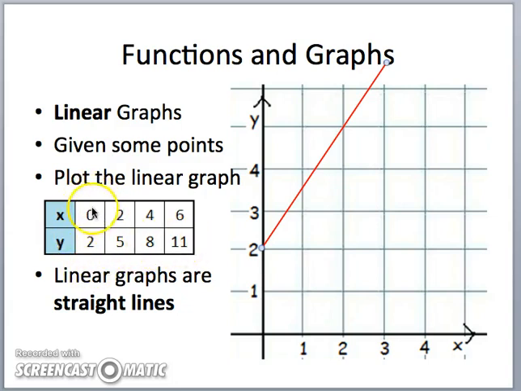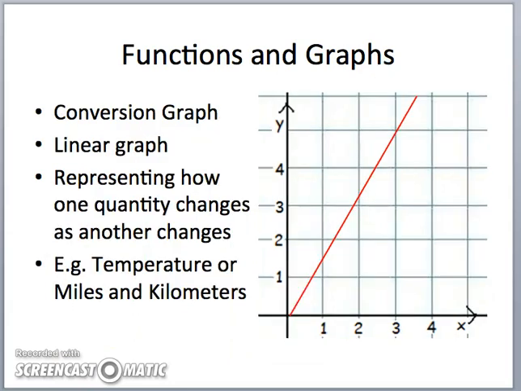So we plot the coordinate (0, 2) and then (2, 5) and (4, 8) and (6, 11) as required. Here (0, 2) is here, (2, 5) is here, (4, 8) would be up here somewhere, etc. And when we've done that, we draw a nice straight line intersecting all the points. Notice linear graphs are always straight lines.